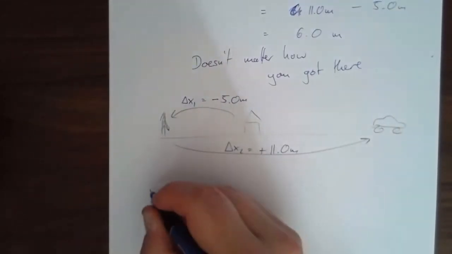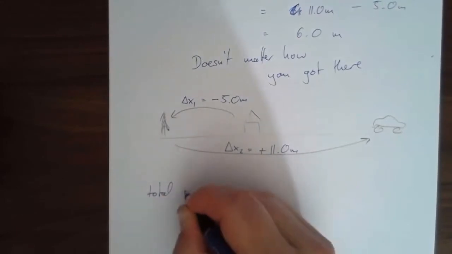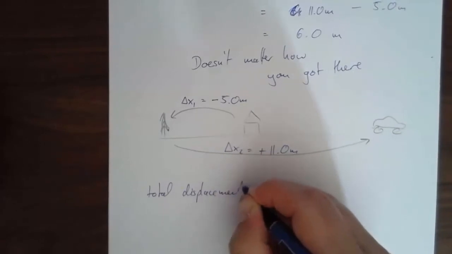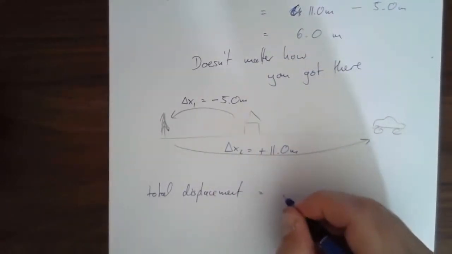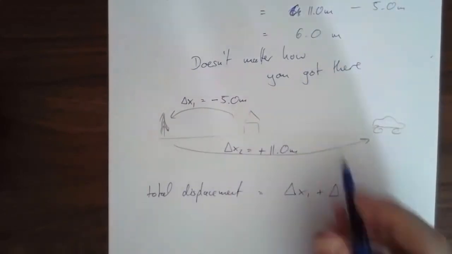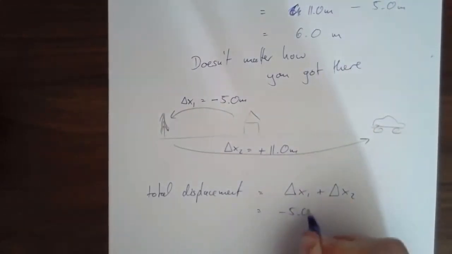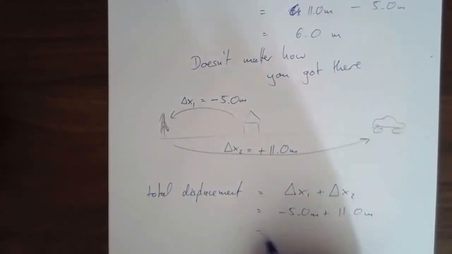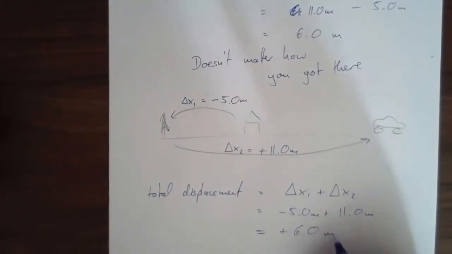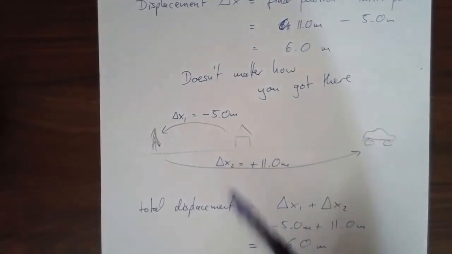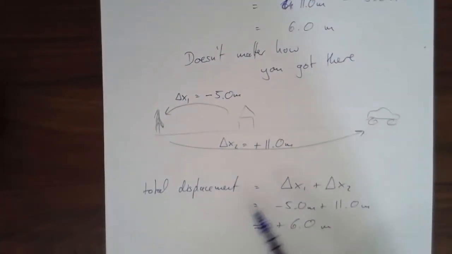And then my total displacement is just the sum of the 2. Minus 5 plus 11, well, it's still plus 6, same as before. So it's all consistent. I can split this journey up into more than one chunk, and we're going to end up with the same total displacement.